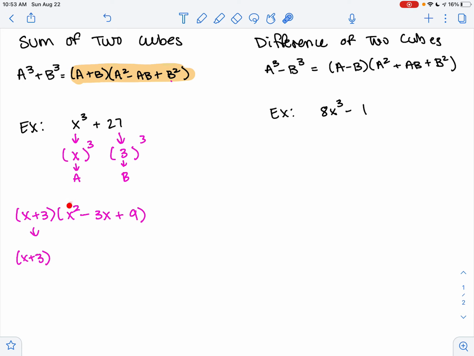I know that because your highest exponent is 2. When your factor is not linear, you want to double check to make sure that it's not factorable. If I were to do the area model for this, I would be looking for factors of 9 that add to -3. No such factors exist. So this is my final answer.